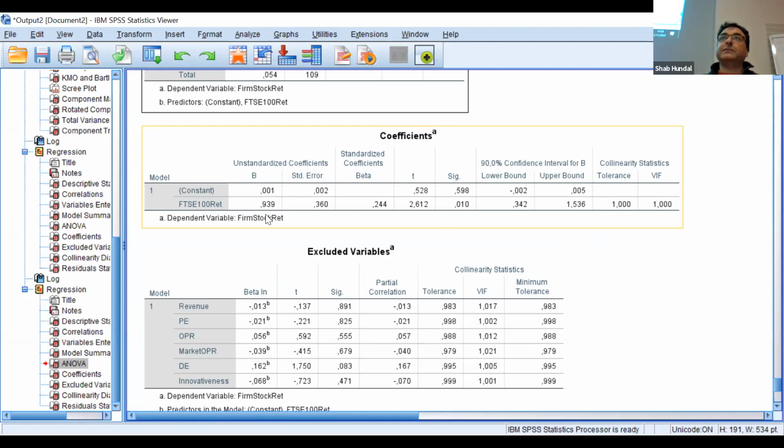Is it positive? It means that the index stock return positively impacts the firm stock return, and this finding is true with a 90% level of confidence. With 90% confidence, I can say that the index stock return, it could be a negative sign also, but in this case it's positive, positively has an impact on the firm stock return.